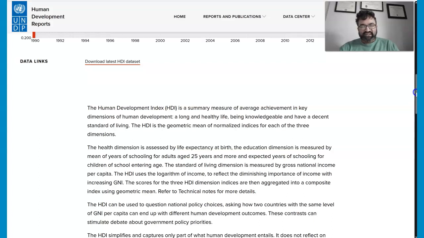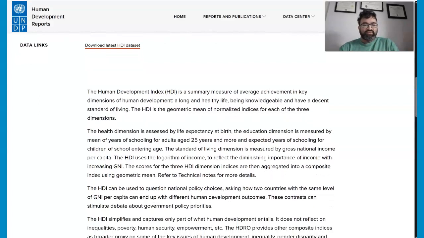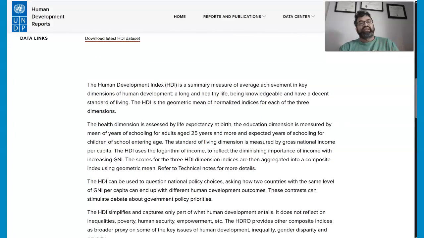So this is a reflection of three dimensions. So it's the life expectancy that each person has at birth. The education dimension, this is measured by the mean of years of schooling for adults aged 25 years and more, and expected years of schooling for children of school entering age.